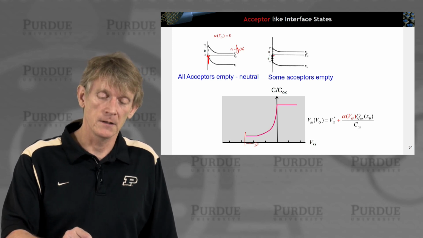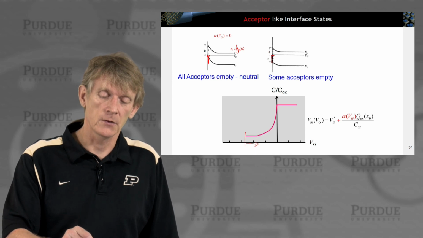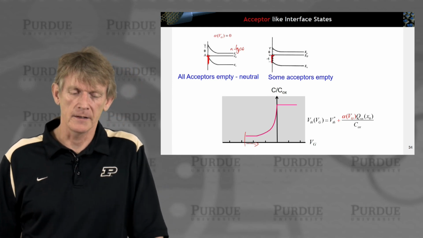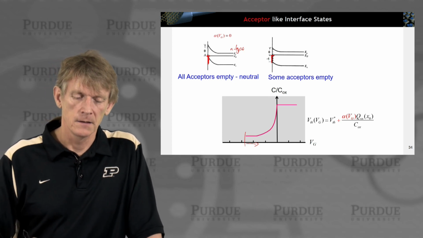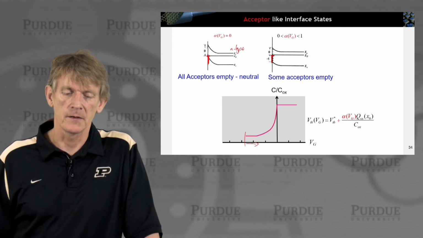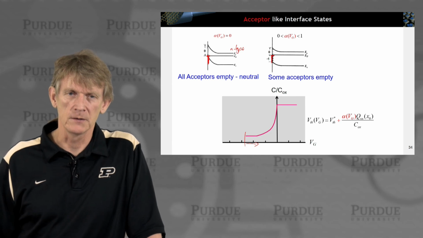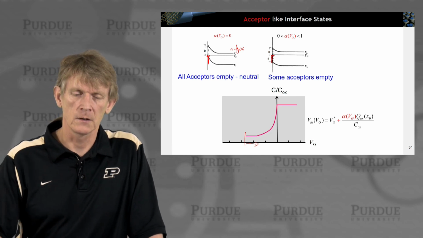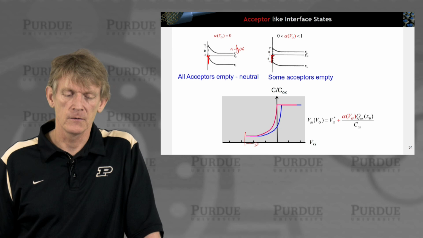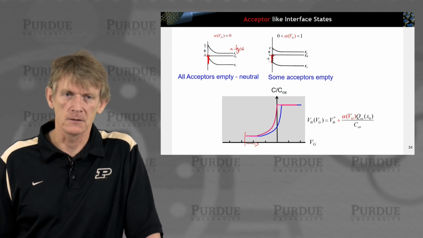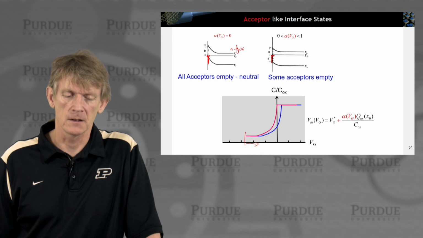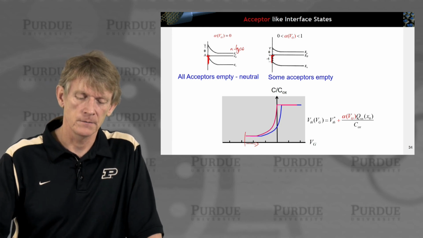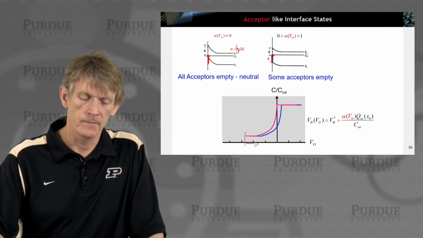So the Fermi level is above them, so they accepted an electron, so they're negatively charged. And you will see this alpha needs to now have a value that's between 0 and 1, just like with the donor case, and you see a threshold shift into the other direction, okay? Because it's now negative charge on the interface, okay?